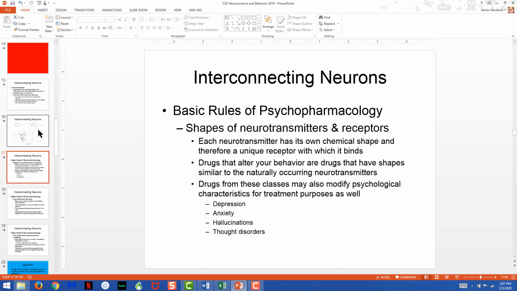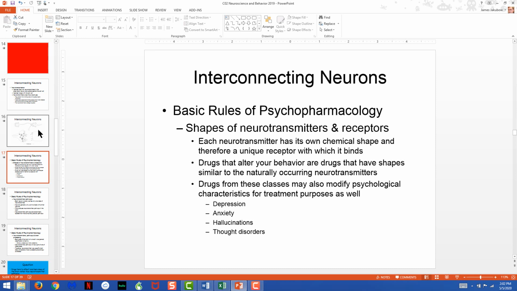And so if there is reduced activity in a certain area, you can generate a molecule in the laboratory that you could give to a person as a pill, and that drug will get into their brain and then increase the activity at those receptors, because the molecular shape of that drug is similar to the shape of the receptors in the area that controls depression.